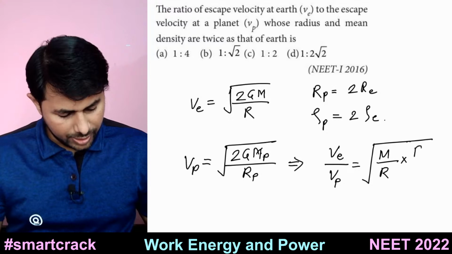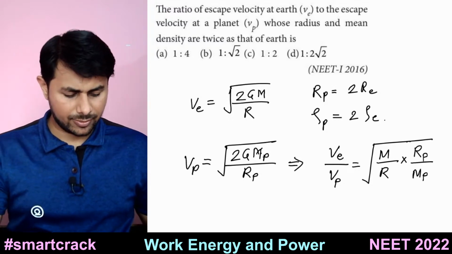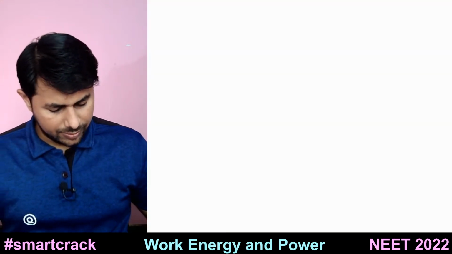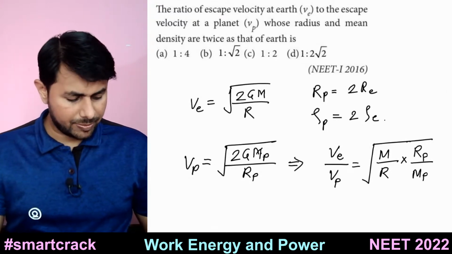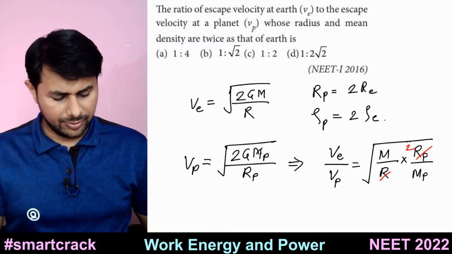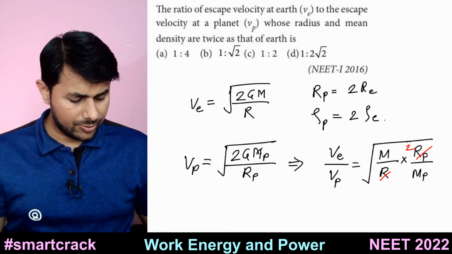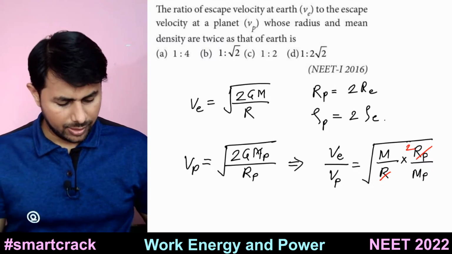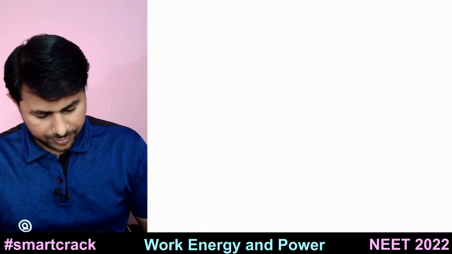So we'll have Rp divided by mass of planet. Okay, and then how much is the radius of planet with respect to the radius of Earth? It is twice. It is given, it is twice the radius of Earth. Then we have to substitute for mass of the planet and mass of the Earth. Okay, all right, so let's do that.